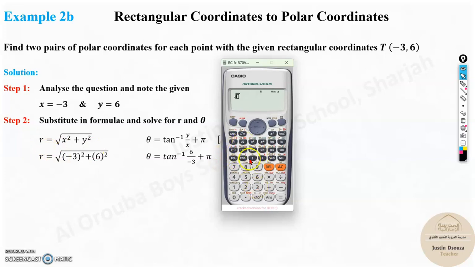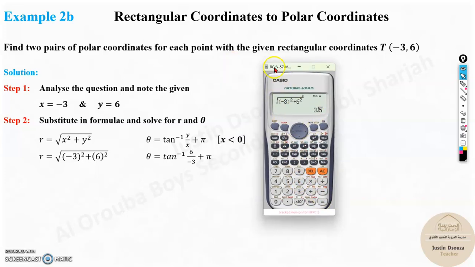Okay, now we will just solve this. So square root of, use the bracket, minus 3 the whole square plus 6 square equals 3 root 5. And over here you need to use shift and tan inverse, so 6 divided by minus 3. It's not over. If you press equal to, this is not the correct answer. You need to add 180 degrees. Why?